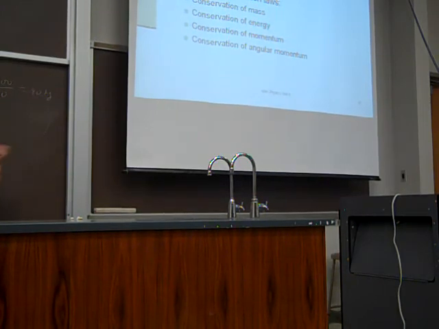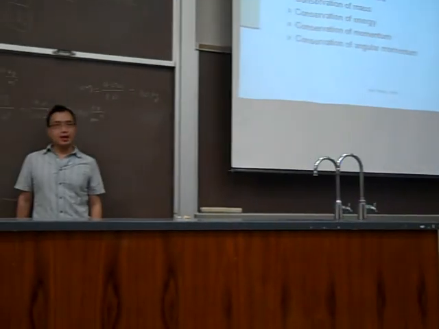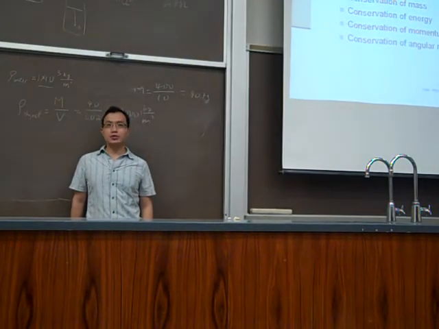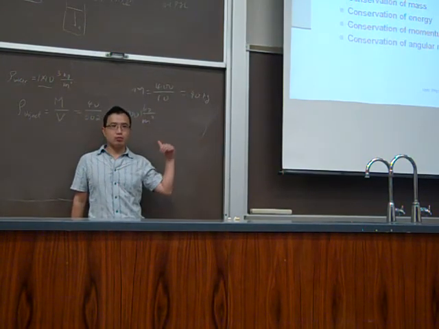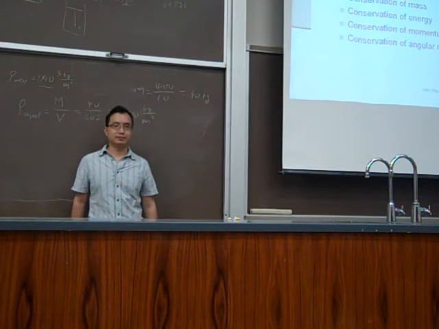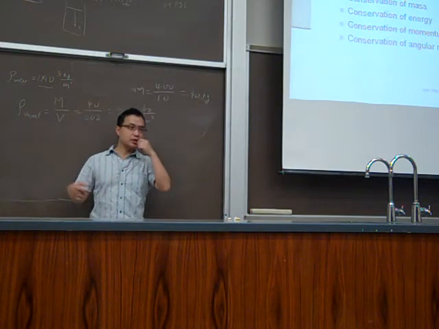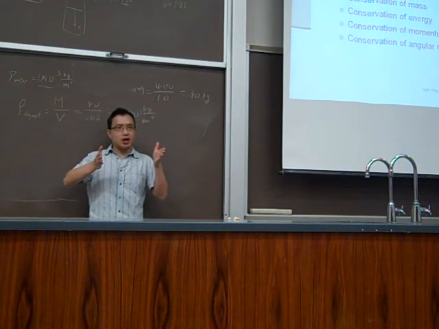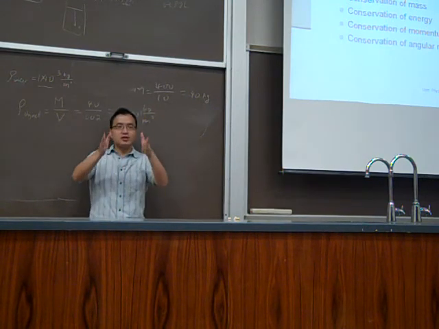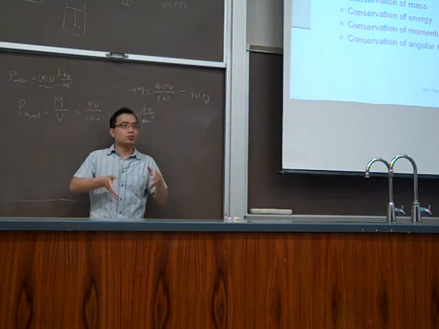So let's look at it, in this case, the external force is not 0. There are several forces you cannot ignore. One force is a force to make it flow, right? Another force, in this case, is a force to confine the water in the tube or the river, right?